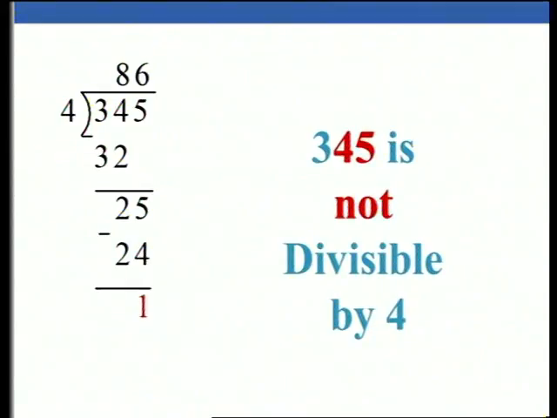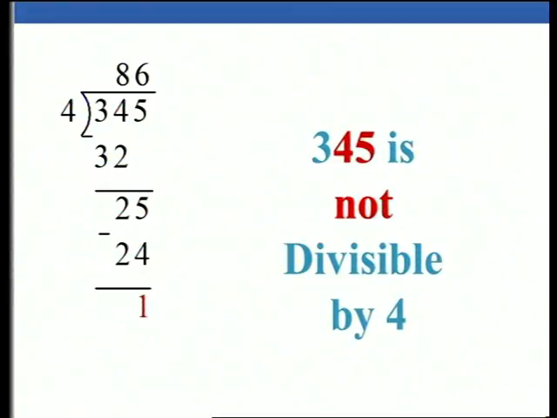But what about checking if 345 is divisible by 4 or not? Okay. In case of 345, you can clearly see that the last two digits are 45 and 45 is not divisible by 4.